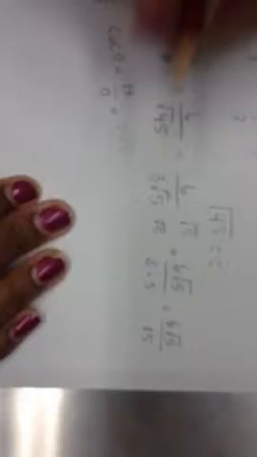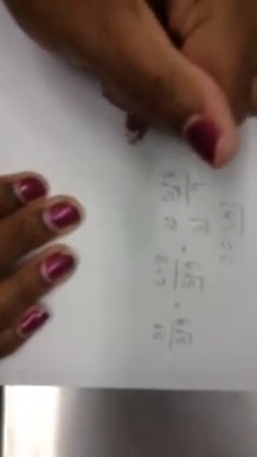So we have square root of 45 over the opposite, which is 6. And that equals square root of 9 times the square root of 5 over 6, or 3 times root 5 over 6. Okay, so that's your answer for that problem.